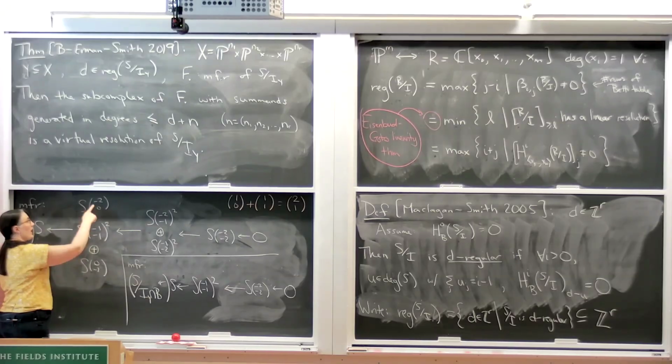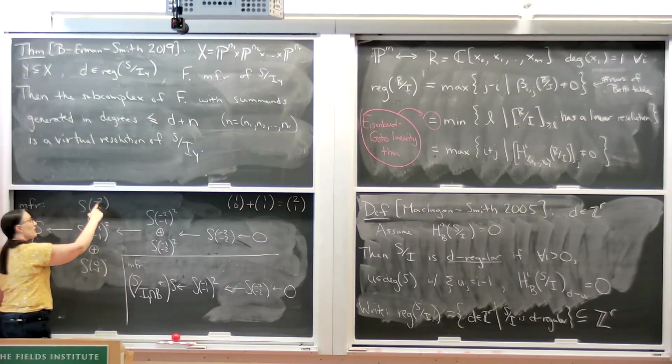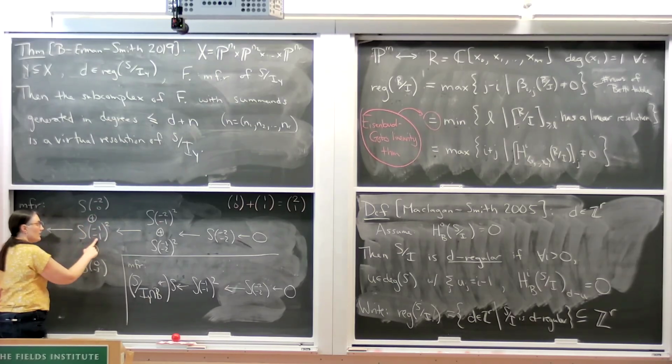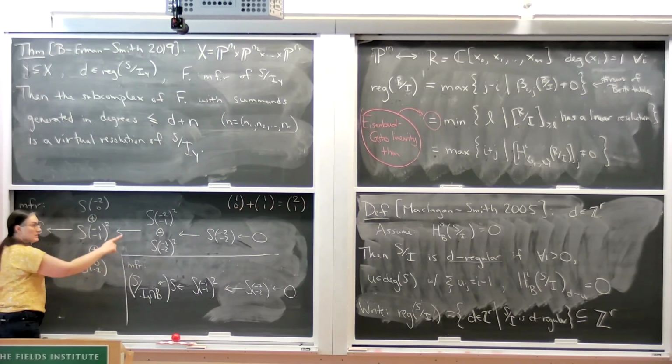Now I'm ignoring signs. I'm going to compare 2 because this is like the twist and the degree of the generator is the negative of that. So if I look at 2, 0, 2 is less than or equal to 2, 0 is less than or equal to 1. So this stays. 1, 1, also good. 0, 2, this is a 2. That's a problem, because the 2 is not less than or equal to 1. So this one goes.